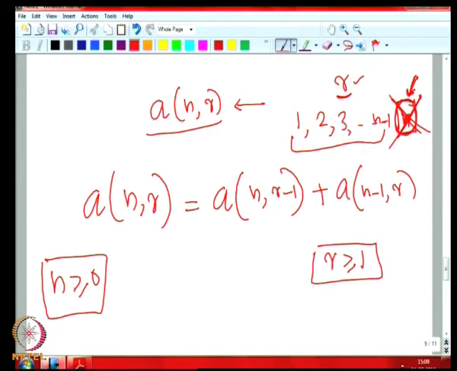So, we are assuming n is greater than or equal to 0. Now consider A of n comma 1. That means I want to take one object from n objects.